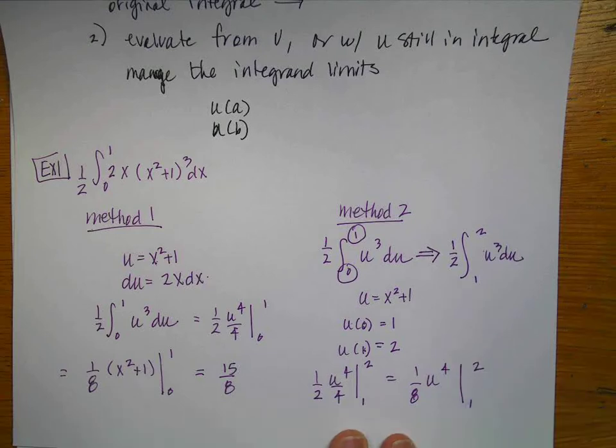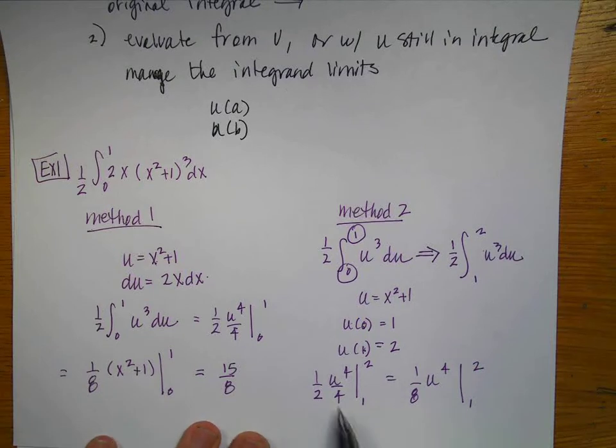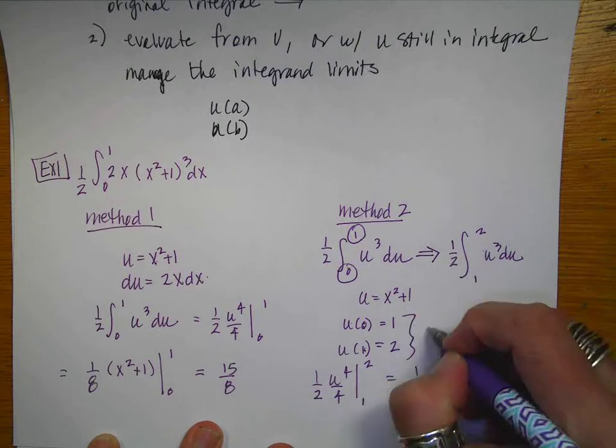These problems show up on multiple choice problems on your AP exam all the time. I can evaluate my integral using the original integrand limits, but I have to substitute my original u value back in. Or I can evaluate it with the u, but then I have to redo my integrand limits.